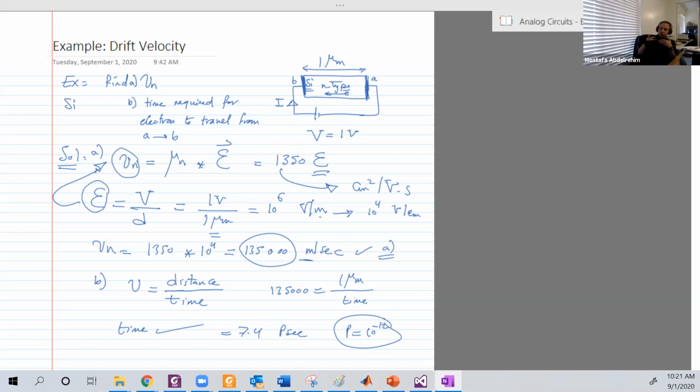So in order to continue our analysis here, we need to know the resistivity or the conductivity. You know the resistivity rho. Each material has a constant called resistivity. How resistive is this material to the current?